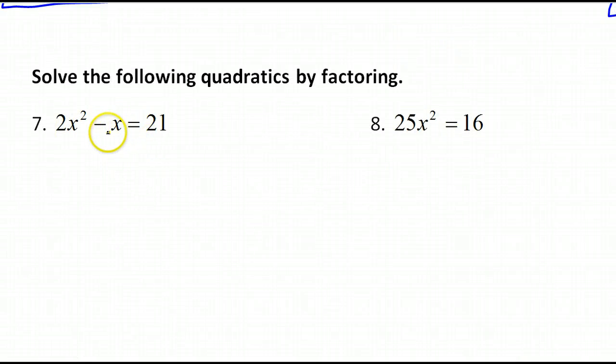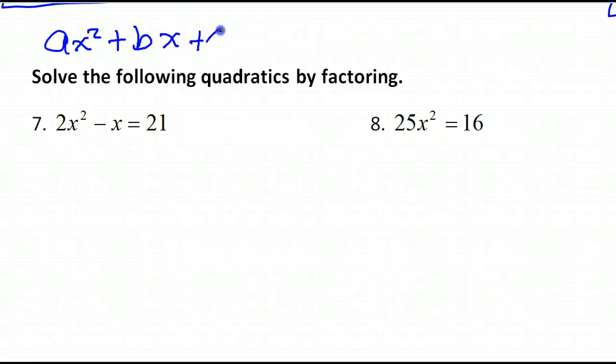So, how do you solve these? Well, we learned several different ways. One way is to factor. But in order to solve by factoring, we need these to be in standard form. In other words, standard form is like this: ax squared plus bx plus c equals 0. The key thing here is we need x squared, and then x, and then the constant equals 0.